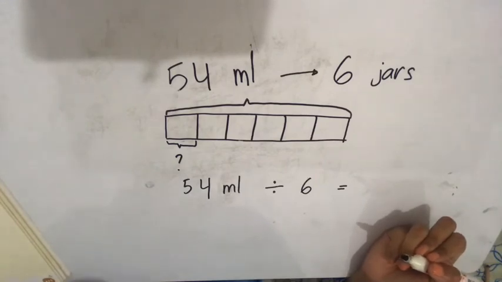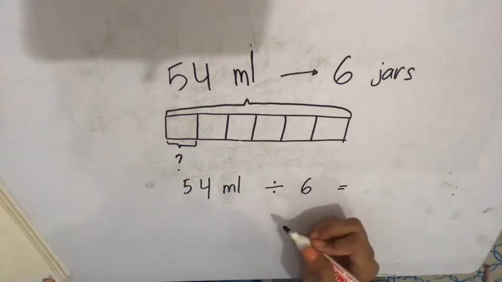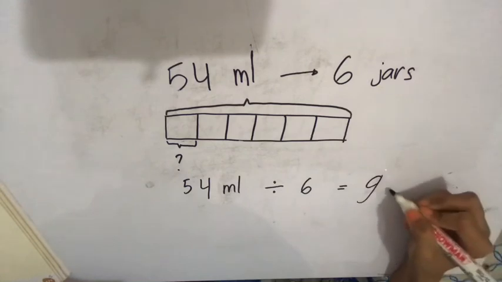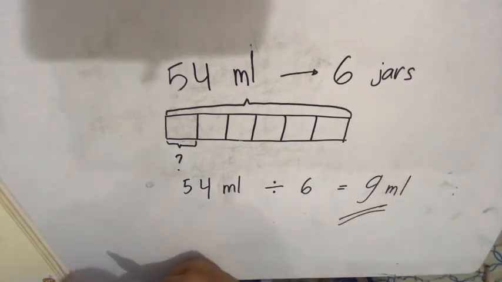Remember your multiplication table. Anyone knows? 54 milliliters divided by 6 is, yes, correct, 9 milliliters. So the answer: the capacity of 1 small jar is 9 milliliters. Okay, thank you.